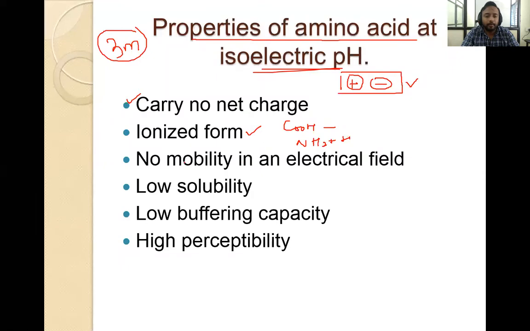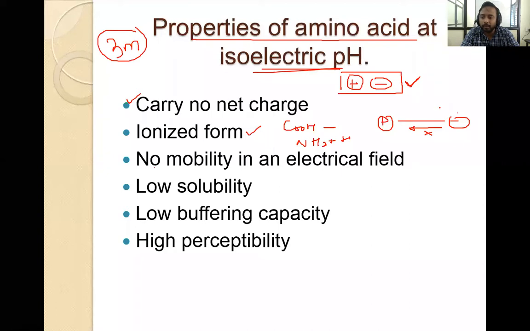Second, because they are electrically neutral, what happens if you subject this amino acid to electricity, like you have electrodes, positive and negative? Will you see any mobility of this amino acid? No. Why? Because they are electrically neutral. They carry no charge, so they cannot move between the electrodes.